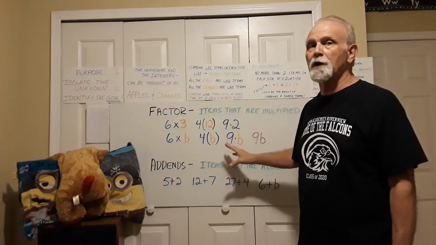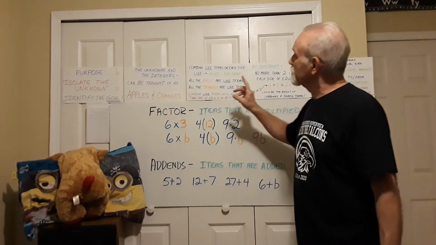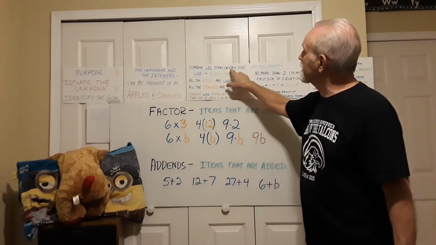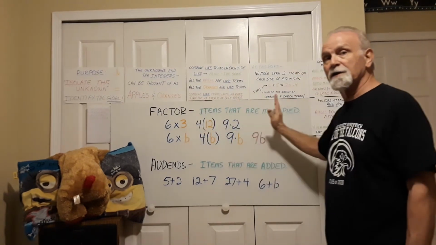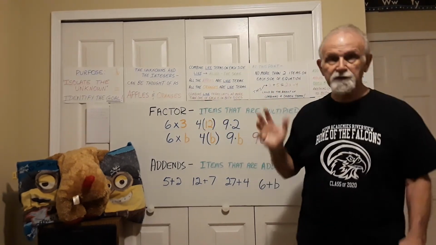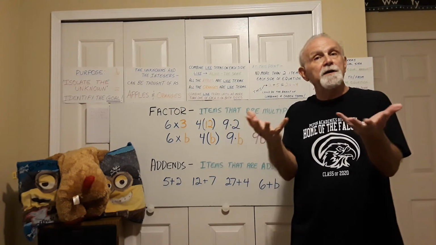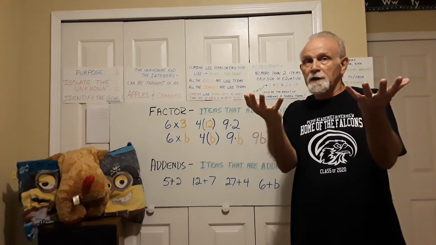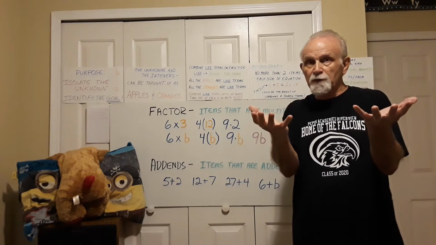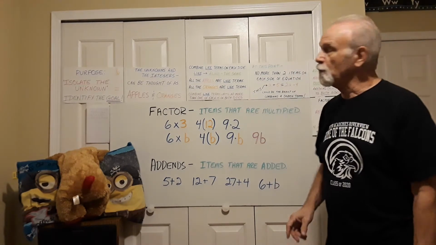This is going to apply to two of these. This one, where we combine like terms on each side of an equation. This one and this one, all right? When we combine the like terms, if we do it correctly, the equation will remain the same and equal.